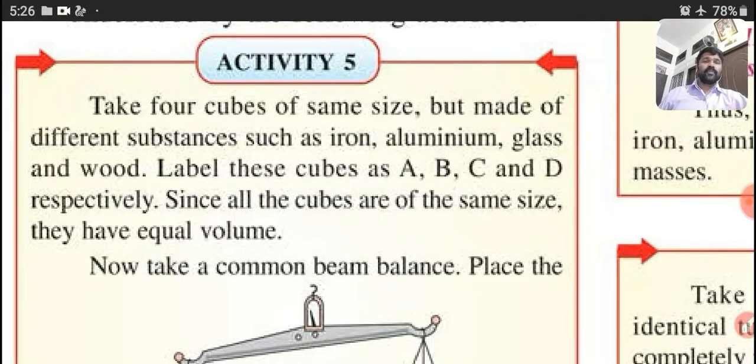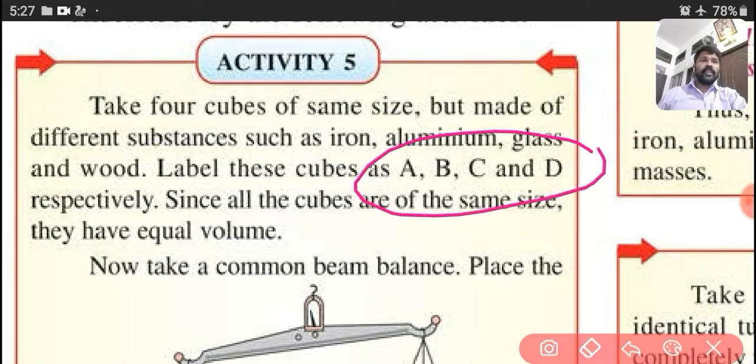Take 4 cubes of same size but made of different substances such as iron, aluminium, glass and wood. Label these cubes as A, B, C and D respectively. Since all the cubes are of same size, they have equal volume.